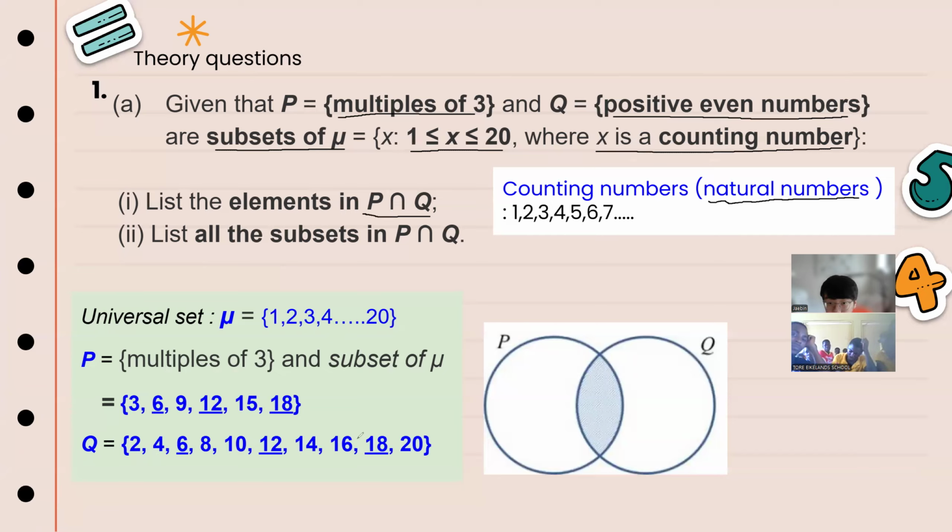So positive even numbers include 2, 4, 6, 8, 10, 12, 14, 16, 18, and 20. That's the set Q. This is the set P. What are the points of intersection between these two sets?